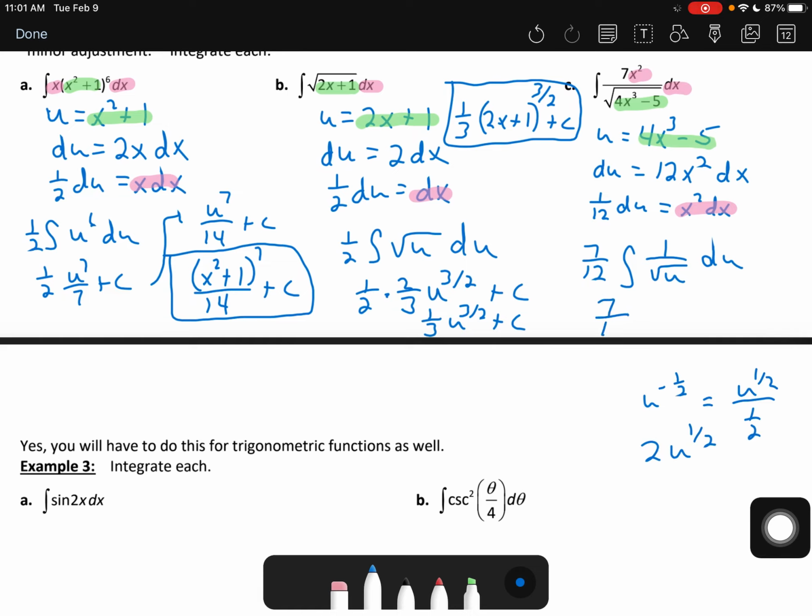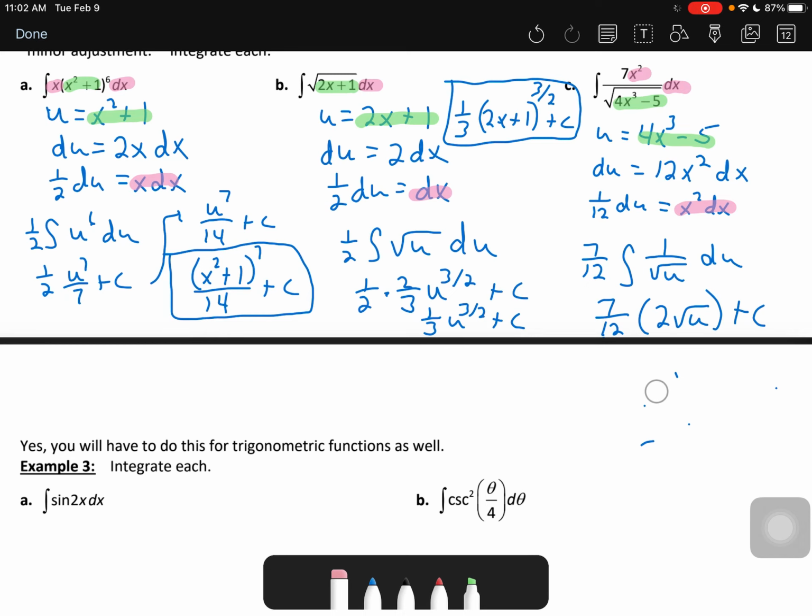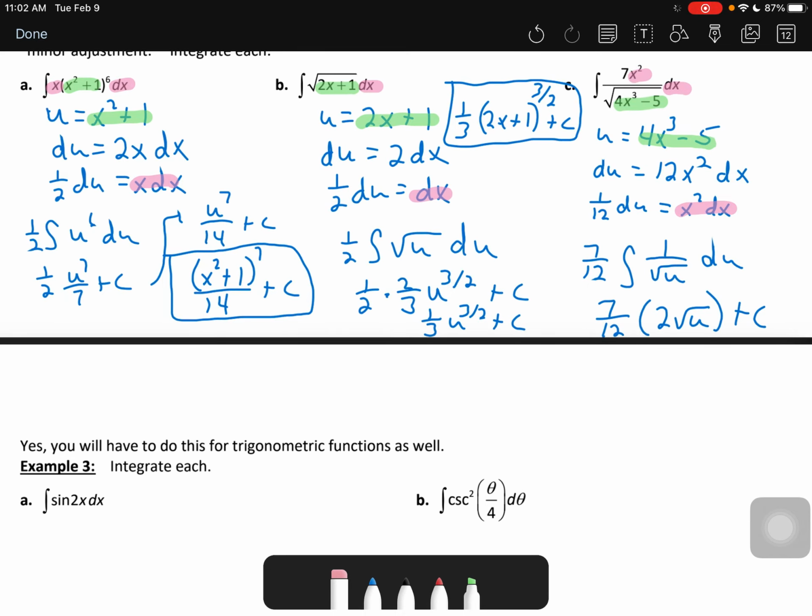So I'm going to have 7/12 and then times 2 square root of u plus c. All right, and I'm going to erase this, and then I'm going to substitute back in with the u being represented as 4x cubed minus 5.